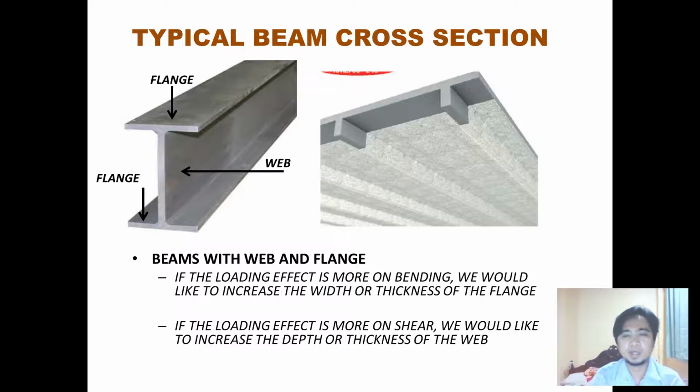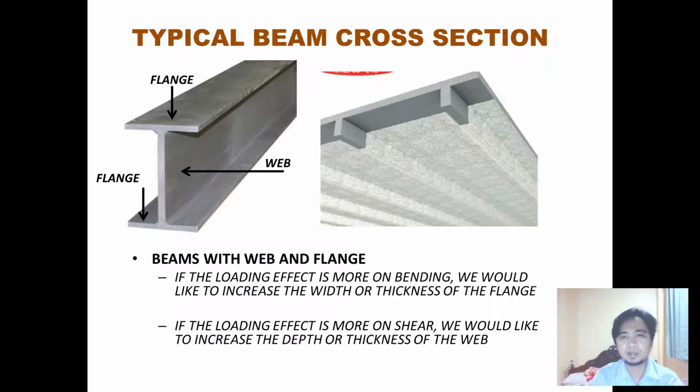So another typical beam cross section would be a T-beam. When we have a monolithic type of construction wherein the cast in place or the pouring of concrete for beam and slab will be conducted once, what will happen is that the slab would become an integral part of the beam.